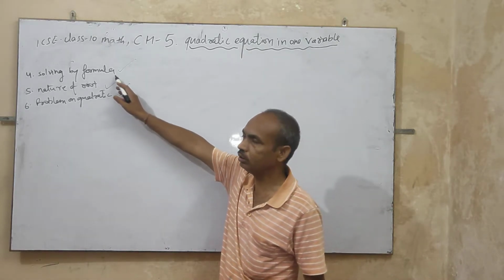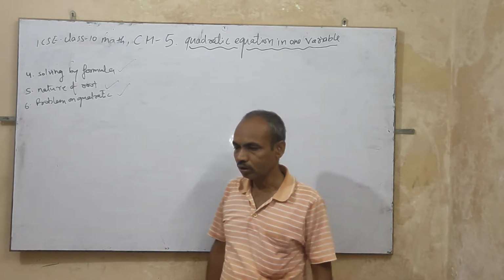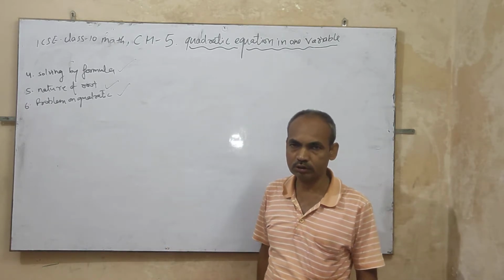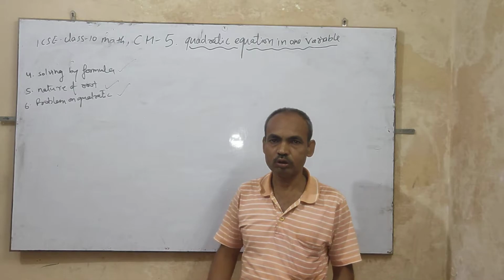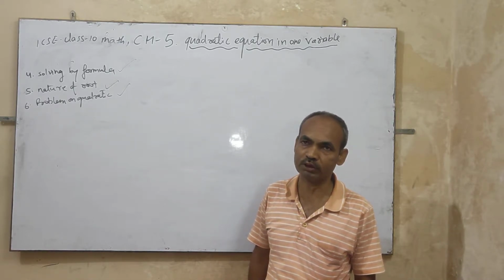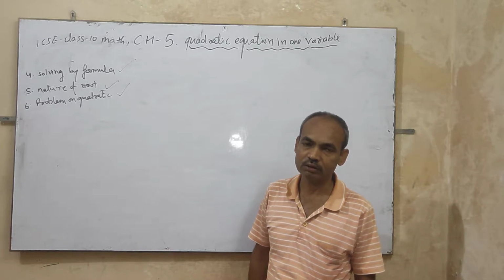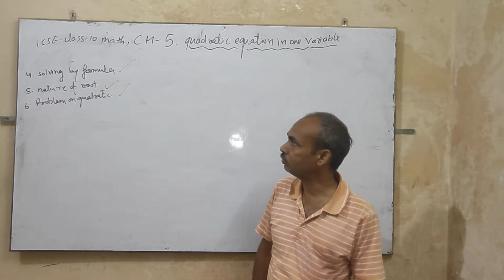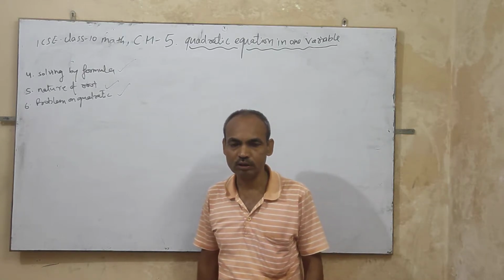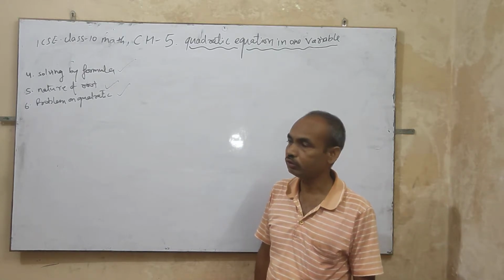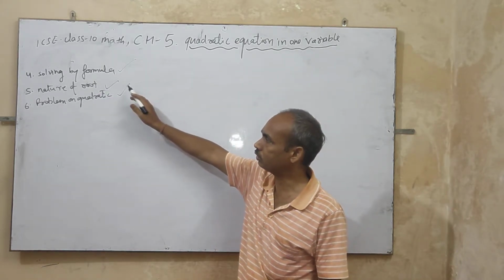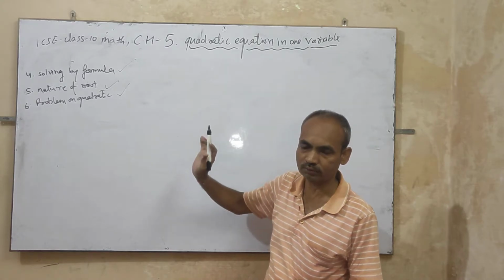Now, solving by formula. When can we use the formula? If there is no splitting between the constant term c and the coefficient of x square, a, then we can use the formula. Or in your question paper, if it is said to solve this quadratic equation by formula, then you can use it.